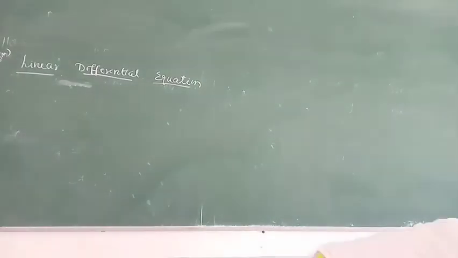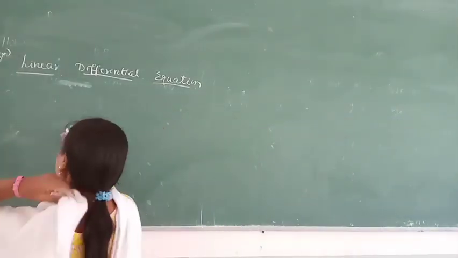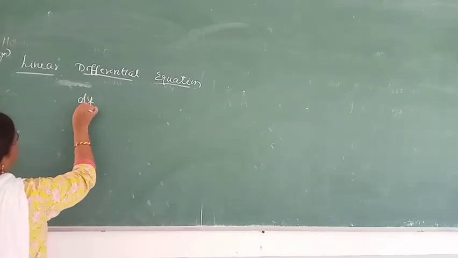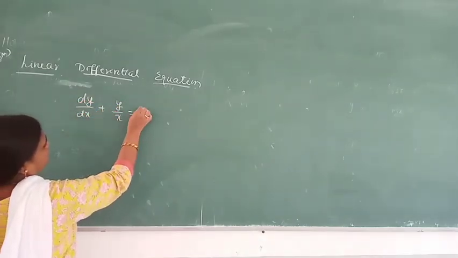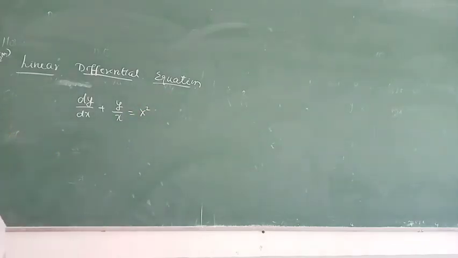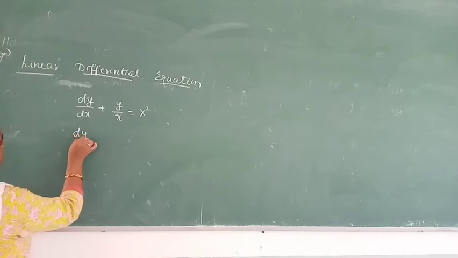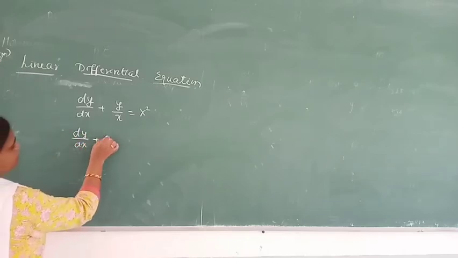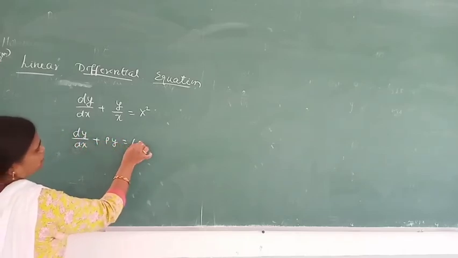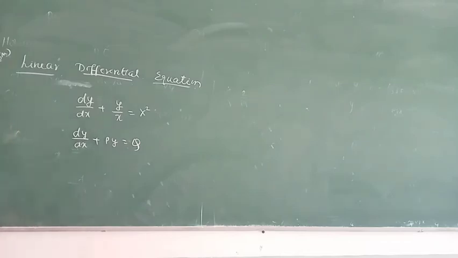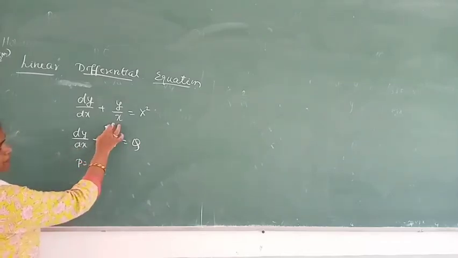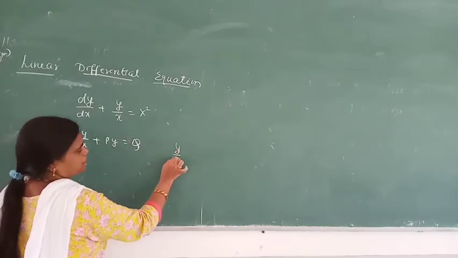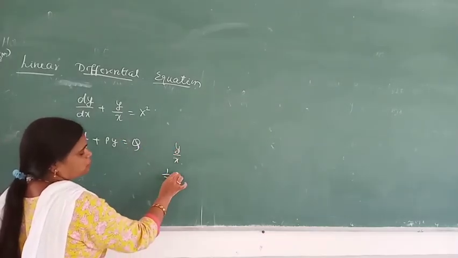Okay, the next example is dy/dx + y/x = x squared. This is the given example. Compare this with dy/dx + Py = Q. Here P, y by x, can be written as 1/x into 1.